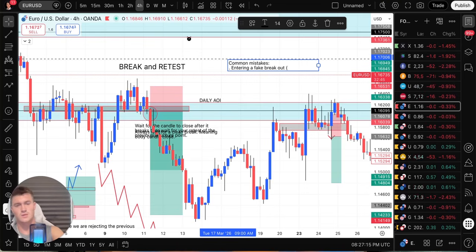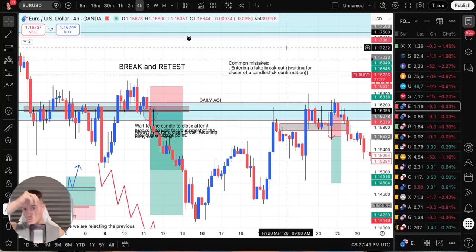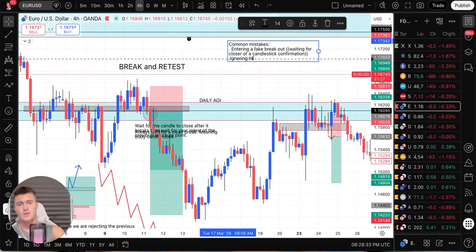Solution to this is waiting for closure of a candlestick confirmation. Always wait for that closure of a candlestick so it confirms so that we don't get taken out by a fake out. Ignoring the higher time frame.